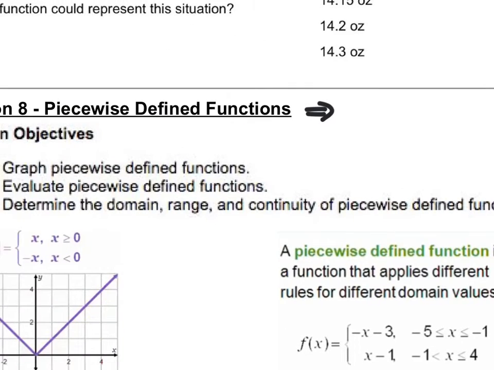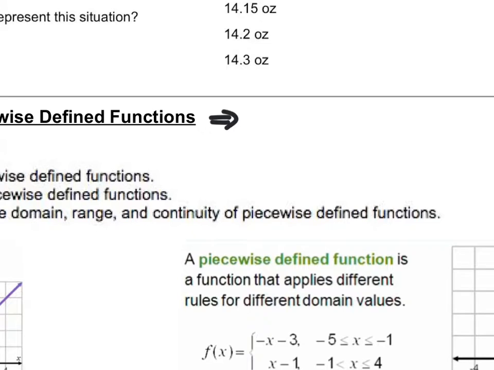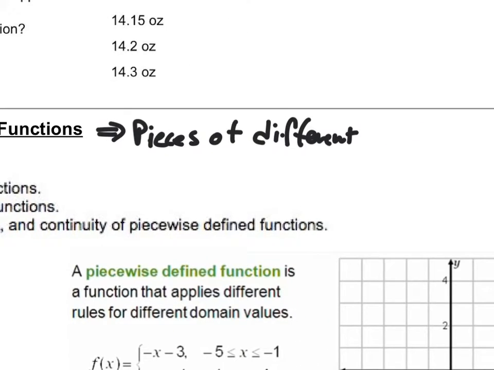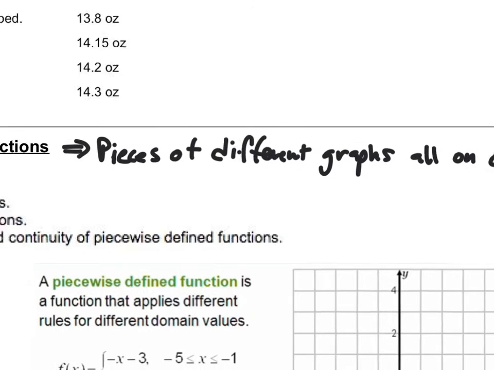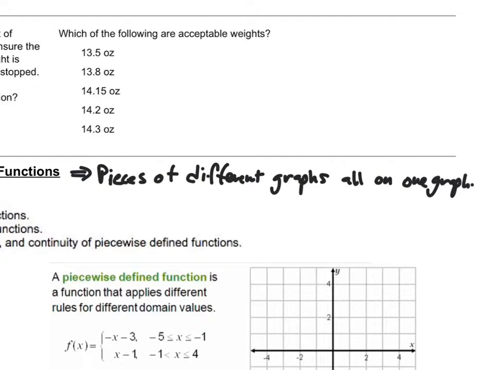The reason they call them piecewise is because they are pieces of different graphs all on one graph. Okay? That's what makes sense to me, that you've got these different pieces of graphs over different intervals.